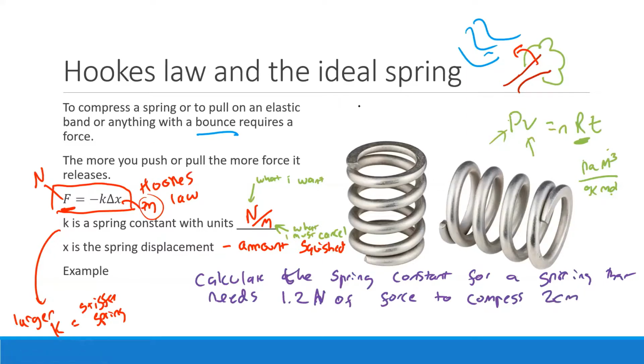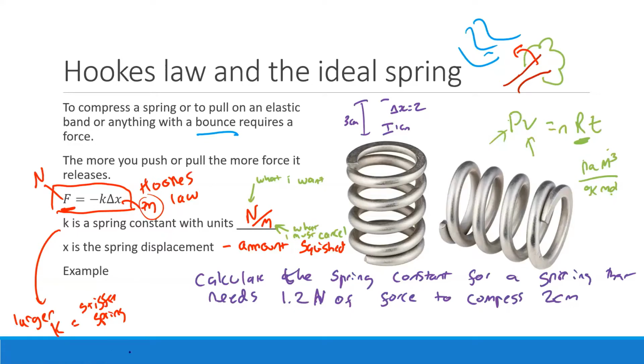That's not saying that the spring is compressing 2 centimeters. It might be a 3 centimeter spring that's getting compressed down to 1 centimeter, in which case our delta X is equal to 2. And that's what we care about.